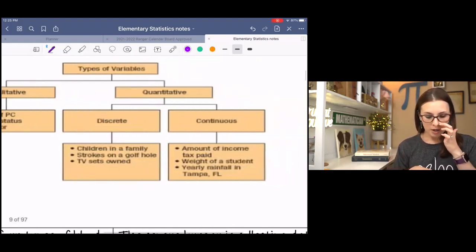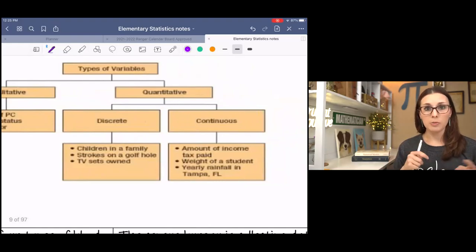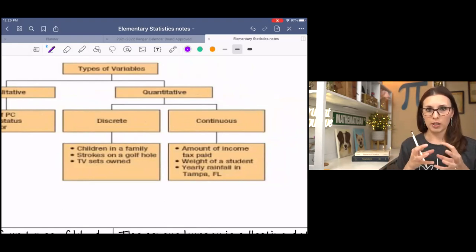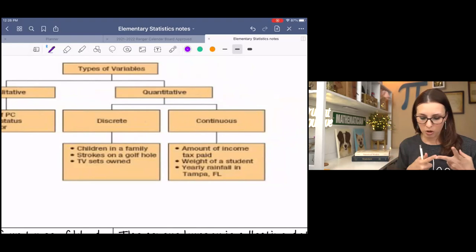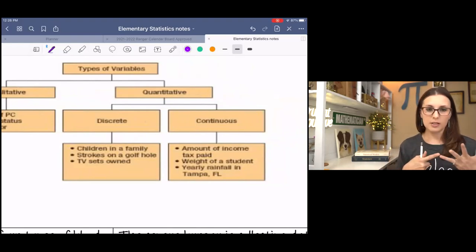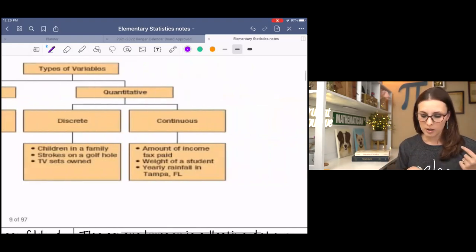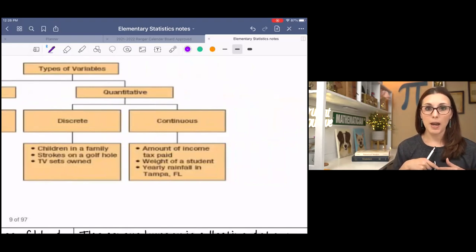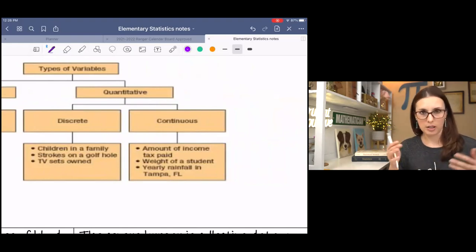And then in quantitative variables, we have the two types, discrete and continuous. Discrete, I've already kind of talked about a little bit. Those are whole units: children in the family, strokes on a golf hole, TV sets owned. And then continuous, amount of income tax paid. Usually there's like 50 cents or 51 cents or 53 cents, that decimal.